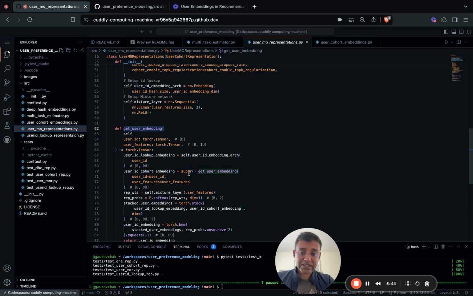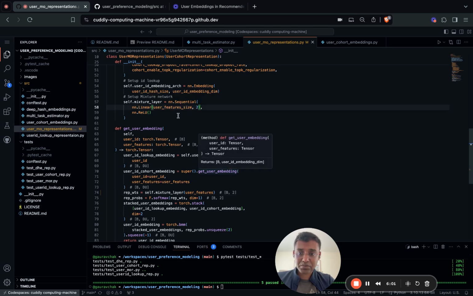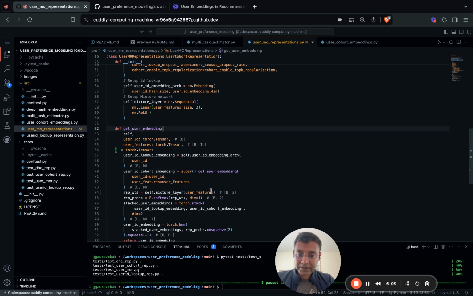That's why I can look at the superclass get user embedding, and through a mixture layer, it comes up with these two weights. This is B2, and I'll show you the mixture layer. It has output dimension 2, and then it passes it through softmax.